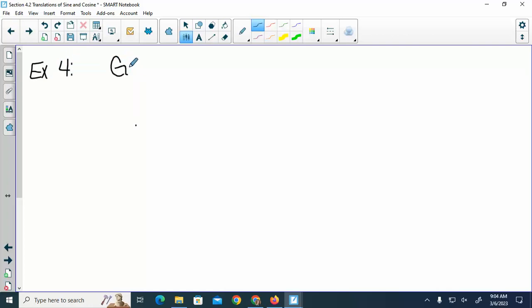So let's graph y equals 3 cosine of 2x with a minus 2 on the end.